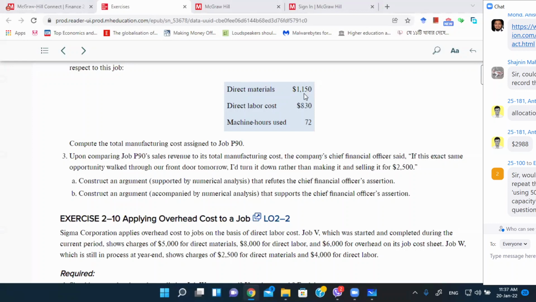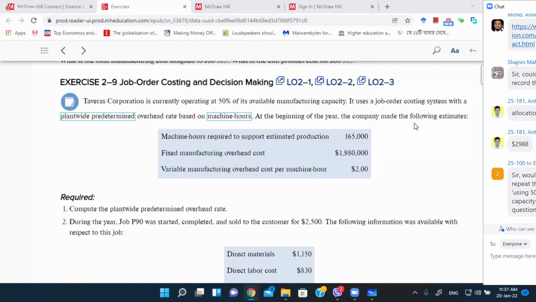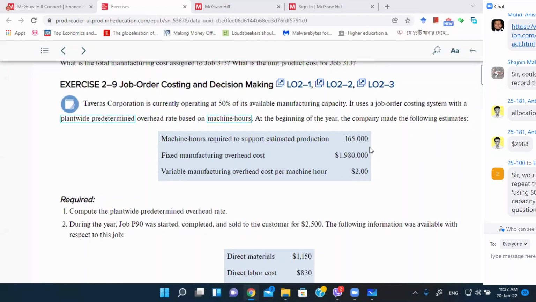The plant is originally designed for 300,000 products manufacturing capacity, but it is actually right now operating at 50% of its capacity. It is not producing 300,000, rather it is producing at 150,000 in this way.